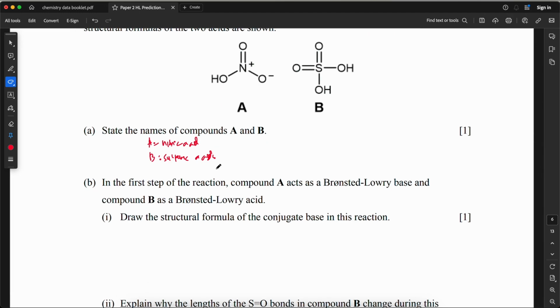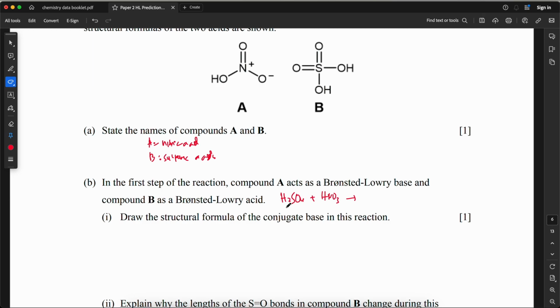In the first step of the reaction, compound A acts as a Bronsted-Lowry base and compound B as a Bronsted-Lowry acid. Draw the structural formula of the conjugate base in this reaction. So the reaction would be H2SO4 plus HNO3, because H2SO4 is stronger compared to nitric acid.